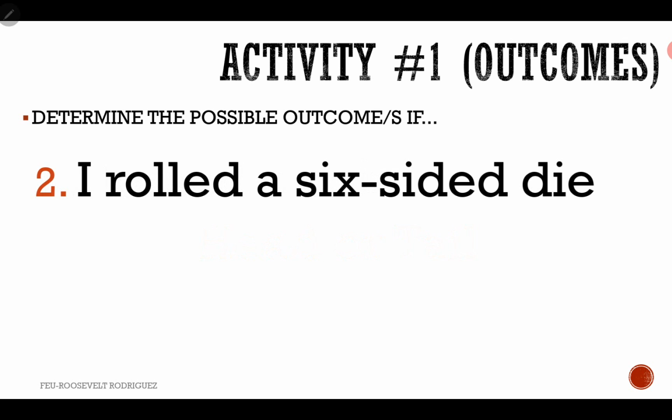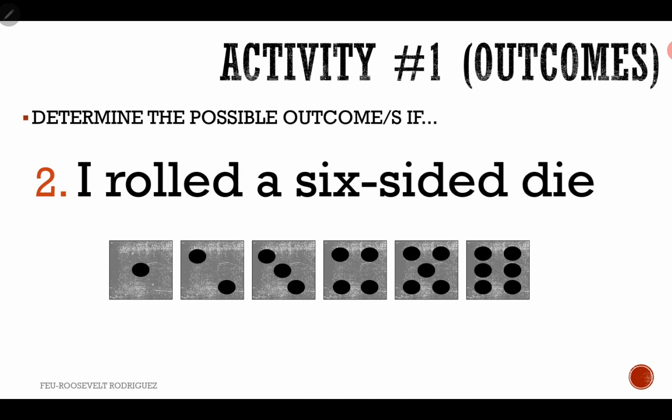Next, for number 2, if we roll a six-sided die, and we're asked to determine the possible outcomes, since yung die is six-sided, automatically, possible lumabas yung 1, 2, 3, 4, 5, and 6. Alright? So that is our possible outcomes.